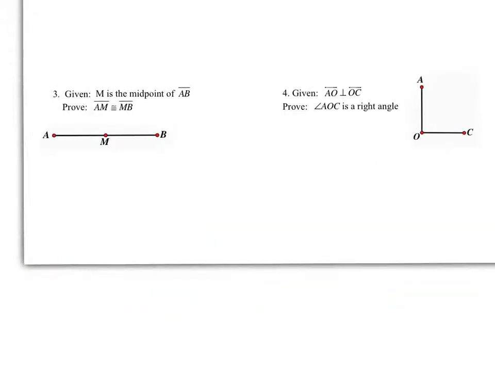Okay, so this one. M is the midpoint of AB. Prove that AM is congruent to MB. Okay, if you want, you can pause and see if you can do this one on your own, and then jump back in to see if you got it right.